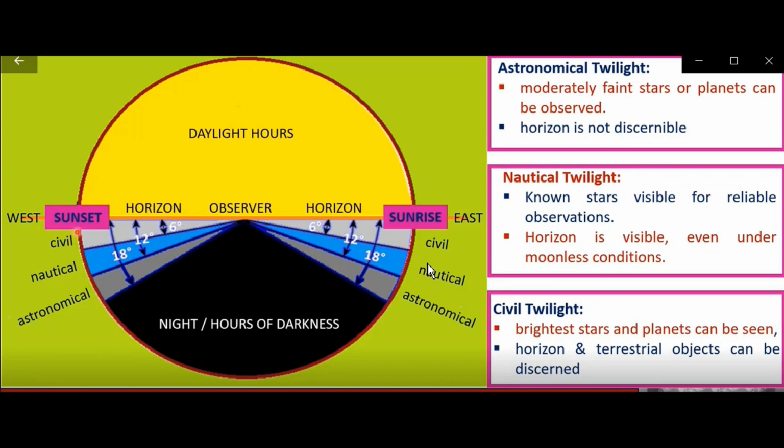Okay, yeah, you can say the upper limb, yes, because morning and evening, both the cases, it is the upper limb. When the upper limb goes below the horizon or comes out of the horizon, that is the visible sunrise or visible sunset.